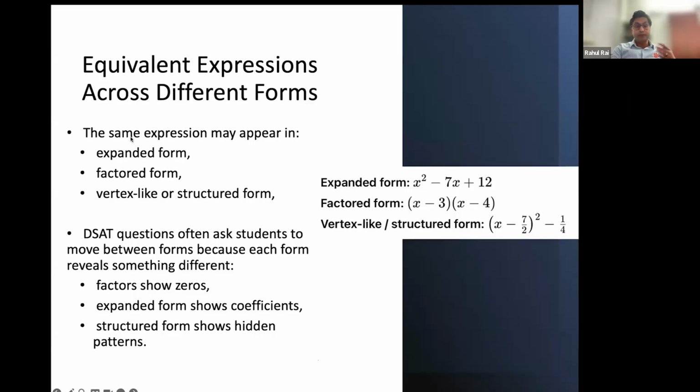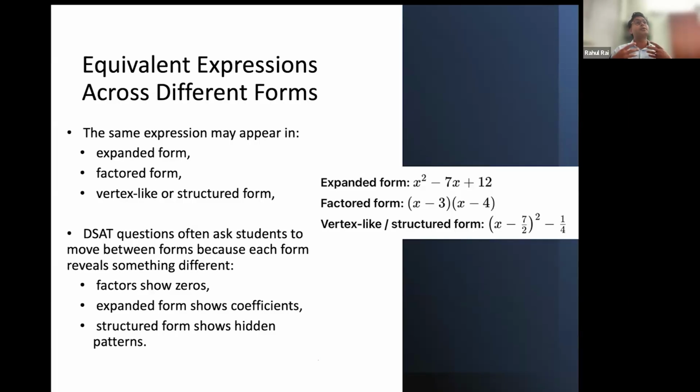Equivalent expressions can exist in different forms. The same expression might appear in expanded form, factored form, or vertex-like or structured form. DSAT questions often ask students to move between forms because each form reveals something different. Factored form shows zeros, expanded form shows coefficients, and structured form shows hidden patterns that might be there.